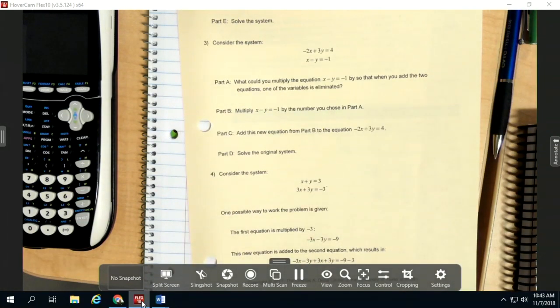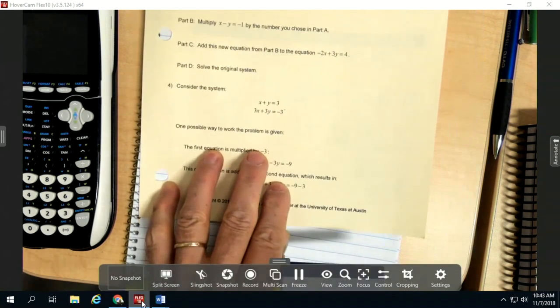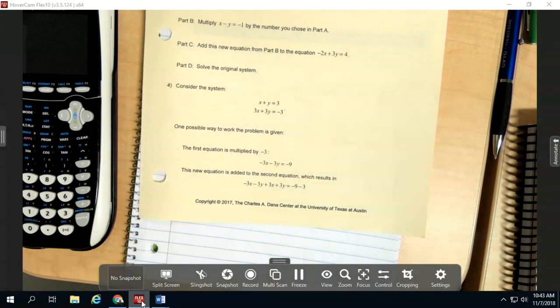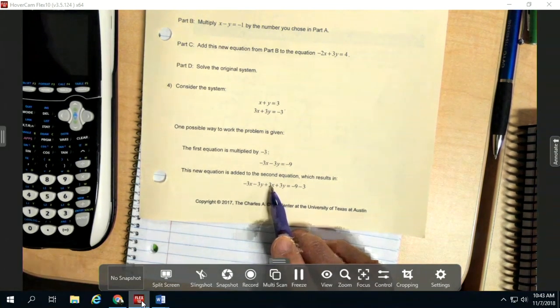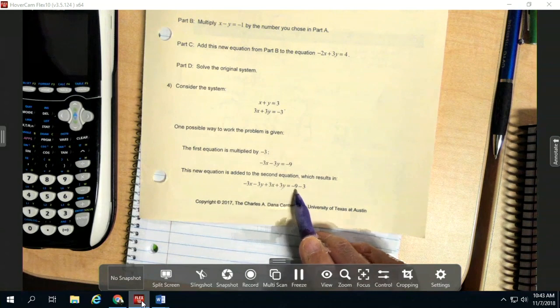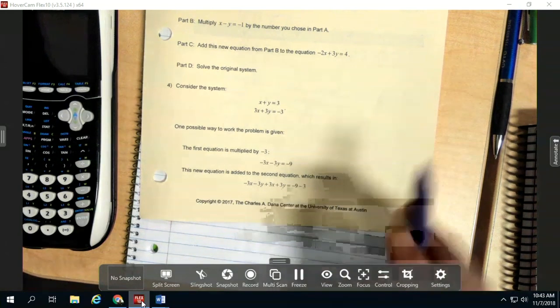What they said to do was, let's just multiply the first equation by negative 3. That way we can eliminate the x's. So they multiplied the first equation by negative 3, and they got negative 3x minus 3y is negative 9. They added those two equations together, and they got negative 3x minus 3y plus negative 3x plus 3y equals negative 9 minus 2. Or minus 3, I'm sorry.